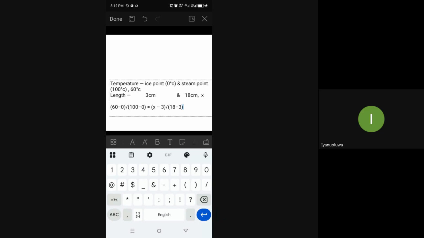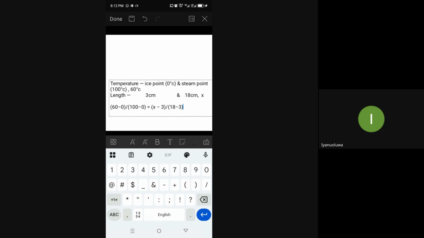Then at my height side, the unknown height minus the height at the ice point. Each temperature has its height in the thermometer. 60 is the height we don't know. That's why this x at the right hand side corresponds with 60 at the left hand side. This 3 at the right hand side corresponds with 0, which is the ice point at the left hand side. Then 18 at the right hand side is the height of the 100, that is the steam point. 3 is still the height of the ice point.